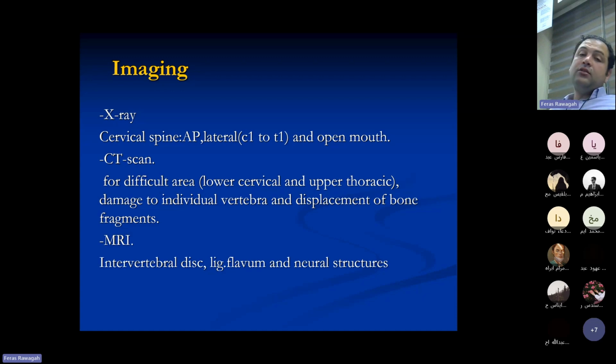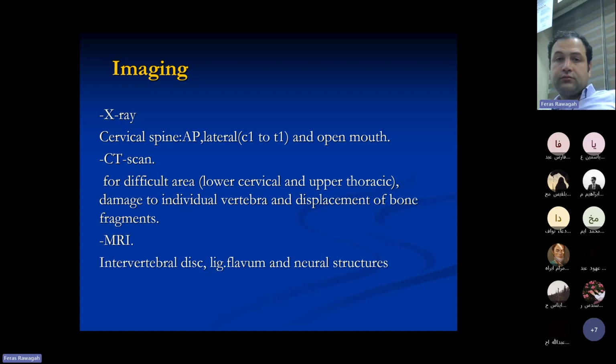The Canadian rule says that there are some criteria not to order a CT scan of the cervical spine. If the criteria are not met, you should order CT cervical spine. The criteria should be met for you not to order the CT scan. This is the Canadian rule.